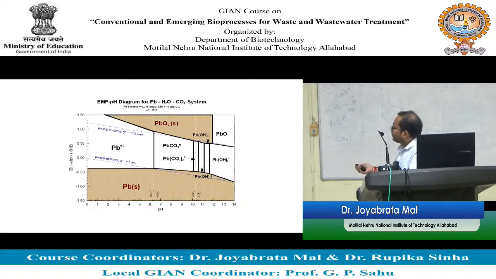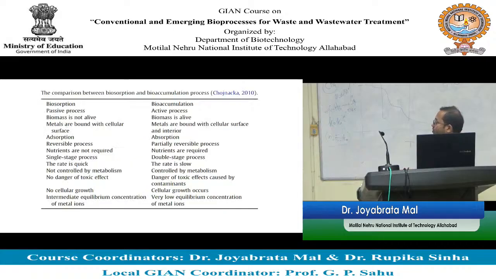Similarly, oxygen is there, so lead oxide precipitation can happen depending on how much dissolved oxygen is present. That's why, for lead, we always try to keep the pH less than 6 when studying lead bioabsorption. So the Pourbaix diagram is very, very important for your bioabsorption study.